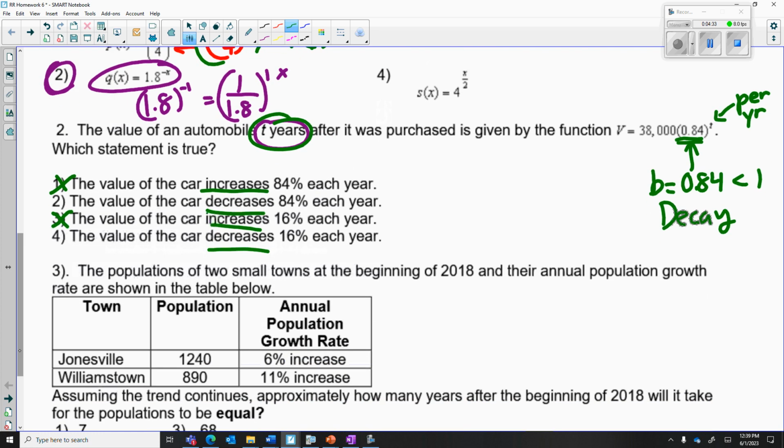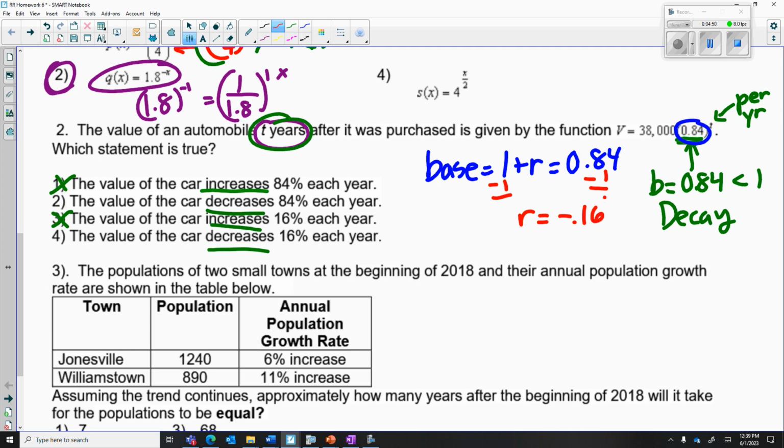Now we have to find the rate. So remember, the base is equal to 1 plus the rate or 1 minus the rate. I'm just going to put 1 plus the rate, and I'm going to show you that when I solve for the rate, I'm going to subtract 1 from the 0.84, and I'm going to get a negative number. It's going to be negative 0.16. This actually indicates that it is 16% decay per year.